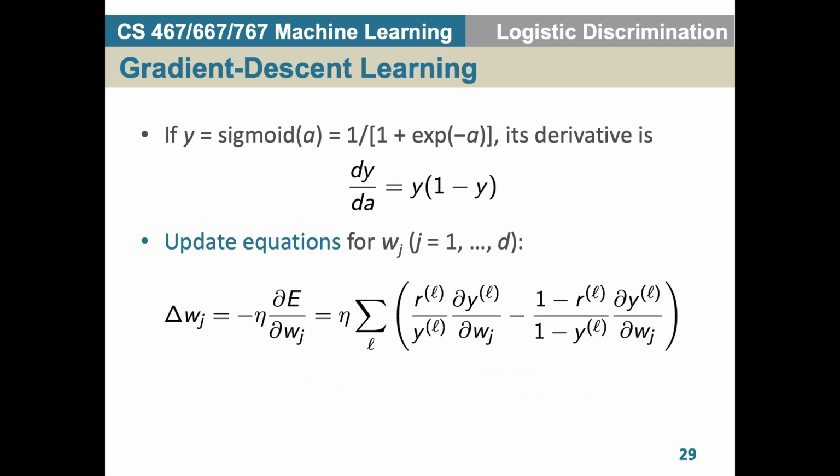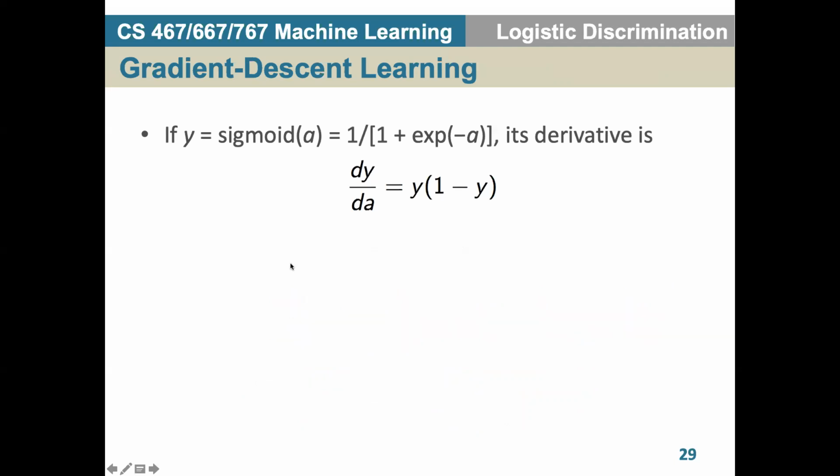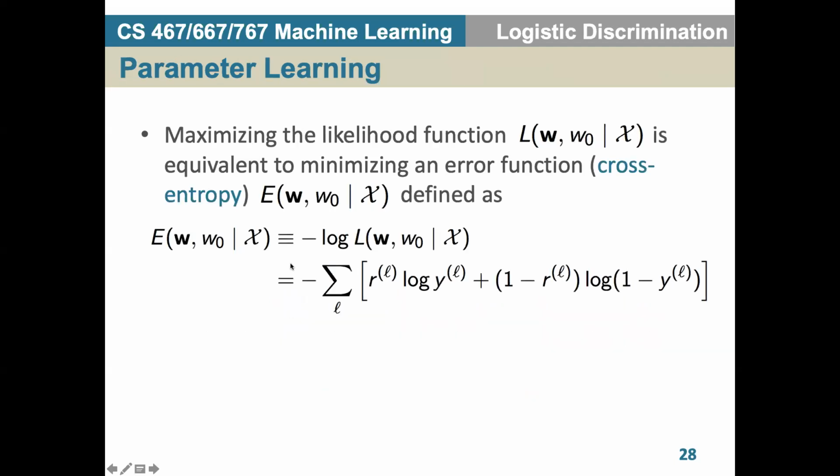Now let's look at taking the derivative. How do we do this? We go back to the function here. Now we take a derivative with respect to w, right? W is hidden inside y. So according to the chain rule, we should first take the derivative with respect to y and then y to w. If we take the derivative of log y with respect to y, it is 1 by y.